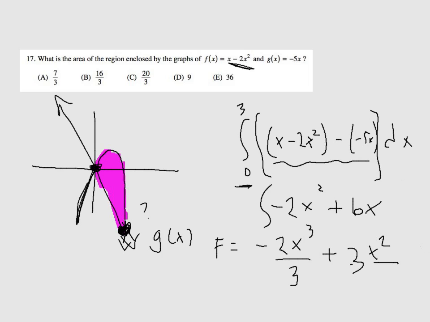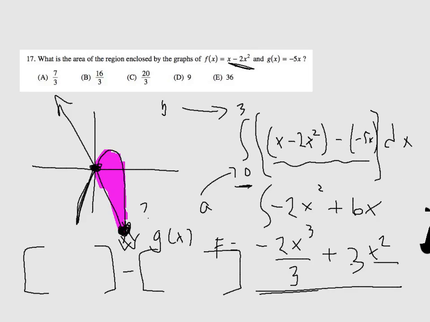Now what I need to do is plug in to the fundamental theorem, capital F of B minus capital F of A, where this is B and this is A. But because I have a polynomial term, no cosine, no e, I know that when I plug 0 into this capital F, it's going to be 0. So capital F of A is going to be 0.